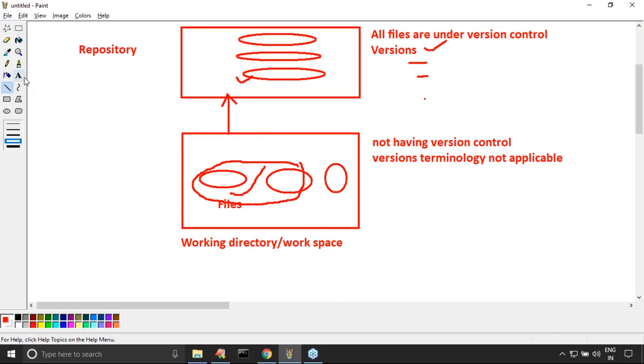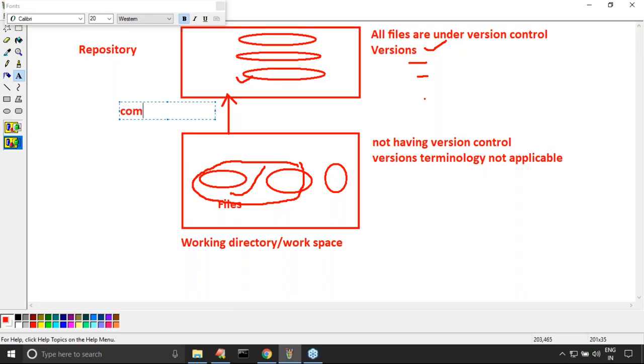This operation is by default considered, can you please spell out what this operation is, sir? Commit operation, right? Commit means sending files from working directory to repository, at a very top level, general terminology. Remember this carefully, sir. In Git maybe small differences are there, but this is the general terminology which is applicable for any version control system.